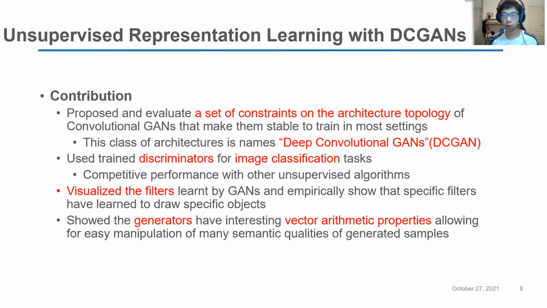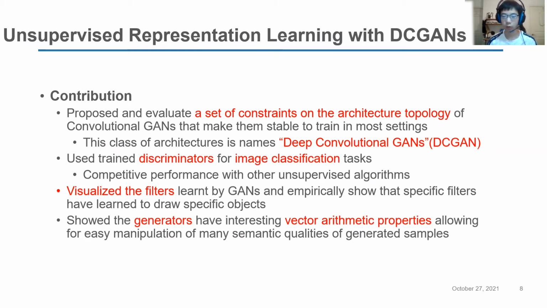The contributions of this paper are, first, they propose and evaluate a set of constraints on the architecture topology of convolutional GANs that make them stable to train in most settings. This class of architectures is defined as deep convolutional GANs. Second, they use trained discriminators for image classification tasks and obtain competitive performance with other unsupervised algorithms.